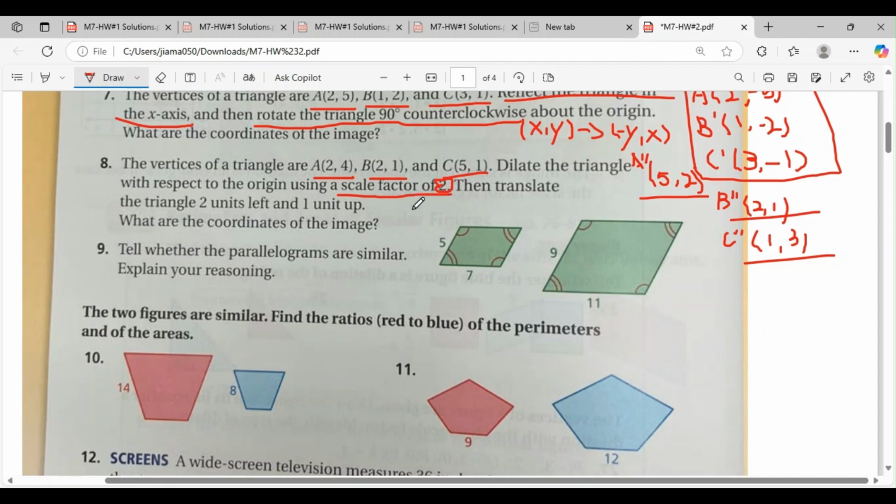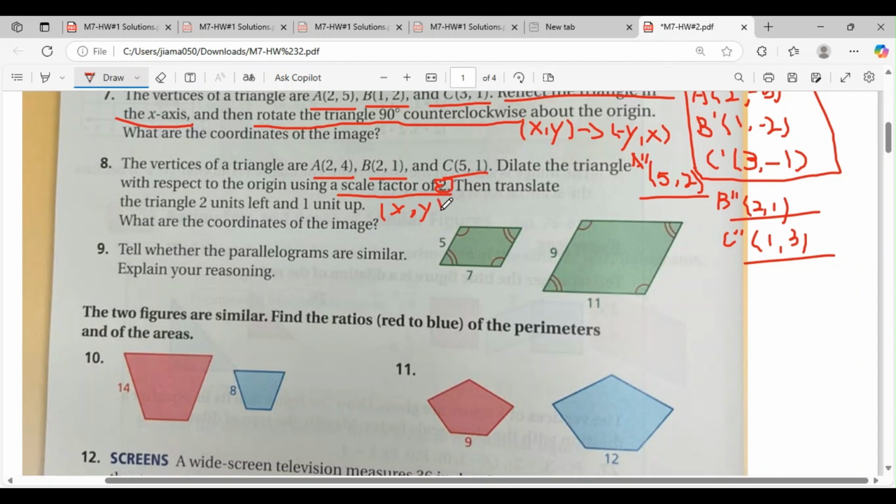So the rule is ratio times x and times y, so 2 times x and 2 times y. This is the original point.